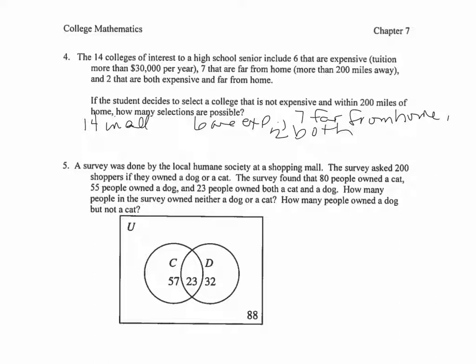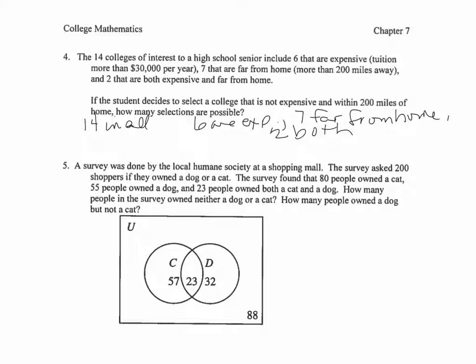Now, think about what we've learned. Is there some overlap here? Do we have something that's being counted in both groups? And the answer to that is yes. These 2 colleges that are both expensive and far from home have been counted in both of those groups.